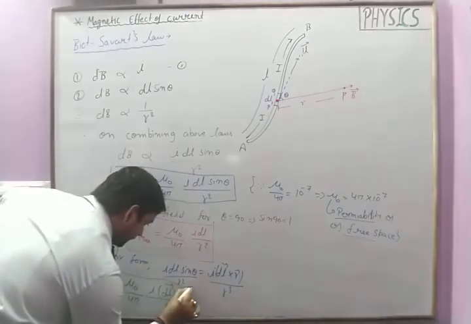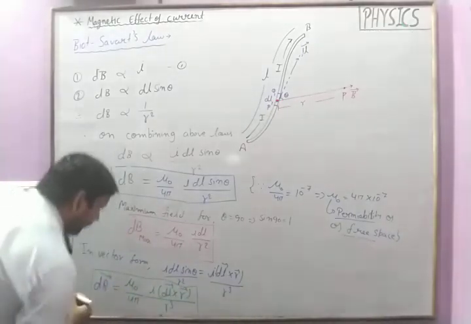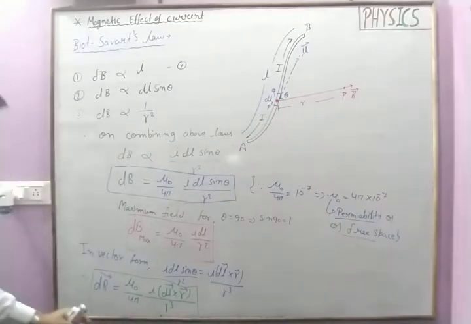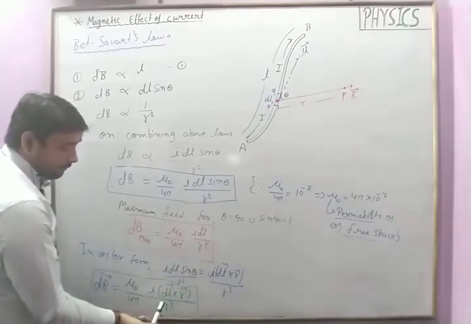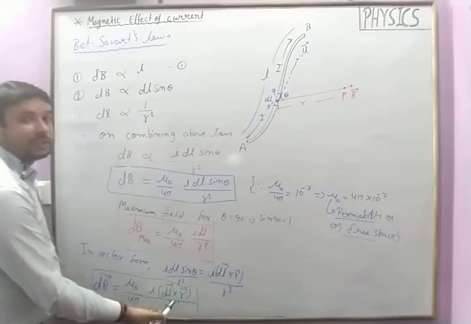This is the value of magnetic field due to a current element at P in the vector form. Here theta is the angle between the current element and the position vector.